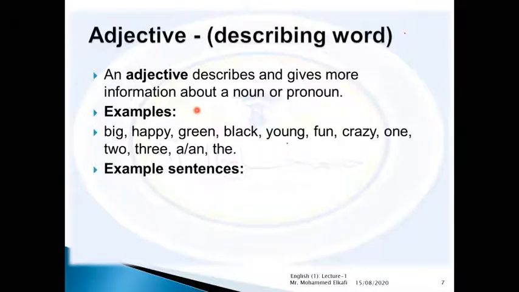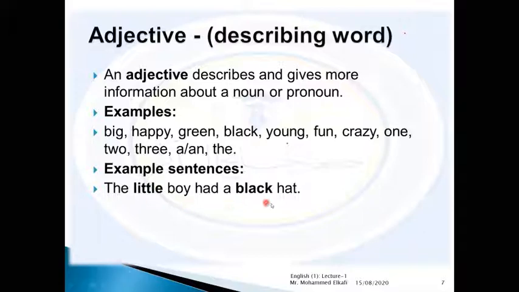Let's take an example sentence. The little boy had a black hat. Little describes boy. And the also describes boy. That means a definite noun.